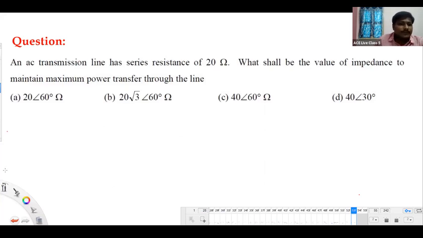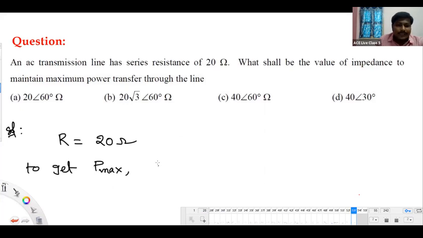Look here. According to the data given, an AC transmission line has a series resistance of 20 ohms. What shall be the impedance to maintain the maximum power transfer through the line? To get the maximum power transfer, the condition will be X equals root 3 times R. Now how much should be the impedance of the line? Generally, impedance means R plus jX.